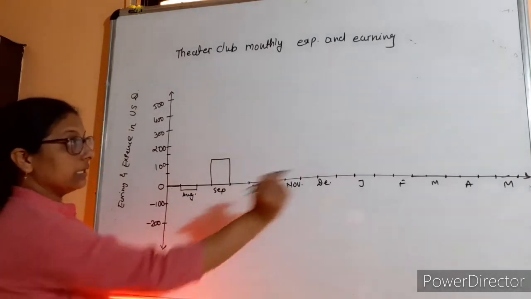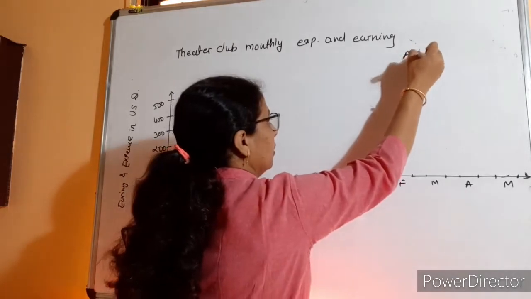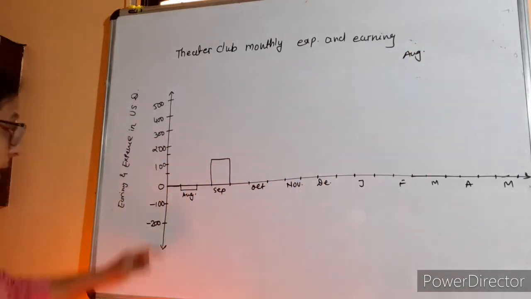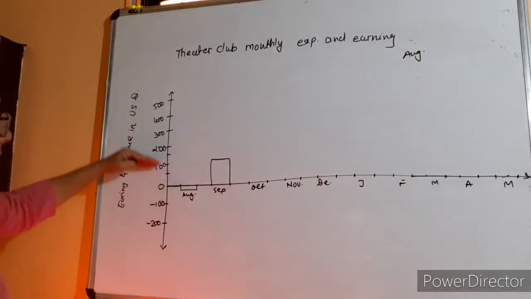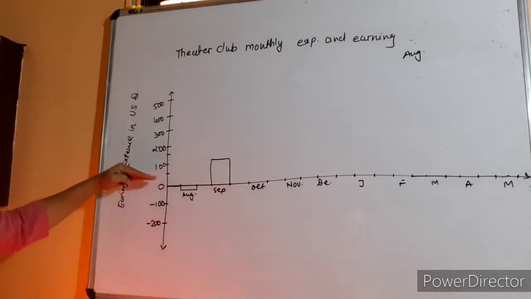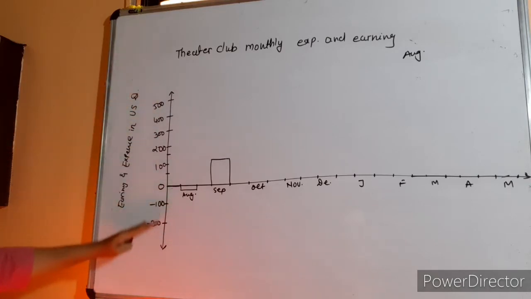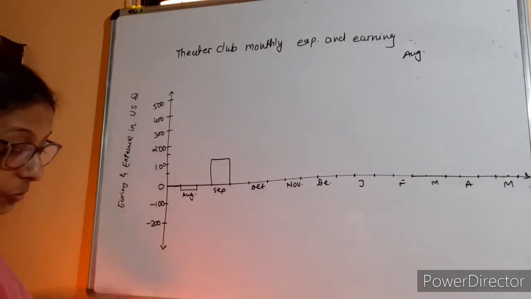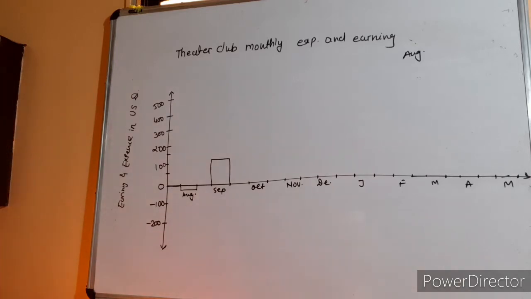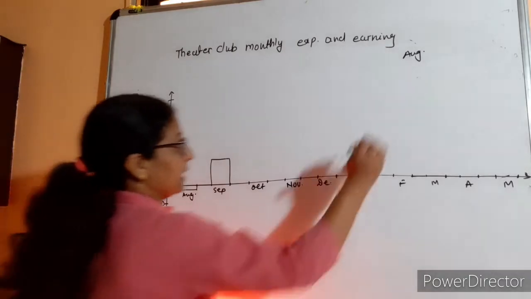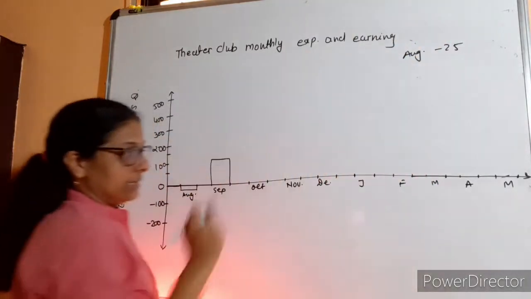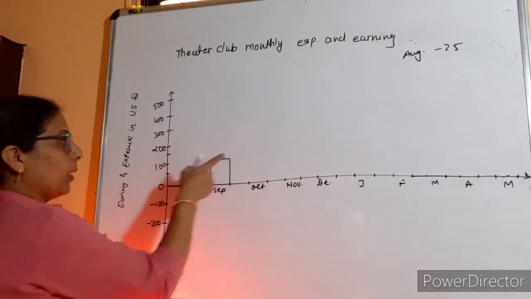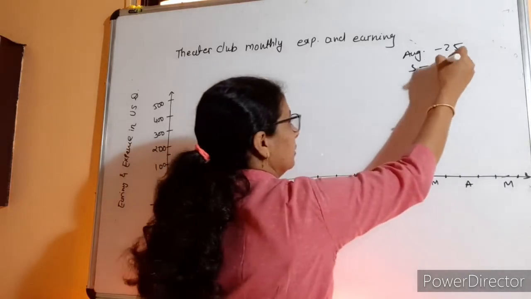We'll write August somewhere here. August is below this. This is positive, this is negative. So this is the earning and here is the expense. Whenever the expense is more than the earning, then it is a loss. So it is negative, that is minus 25. So loss is there. Now September 125 positive.